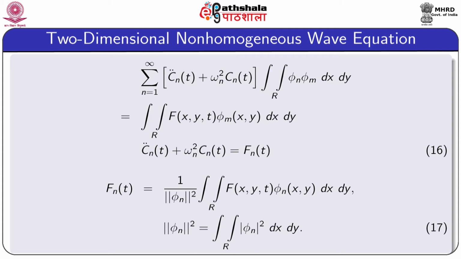So, using that orthogonality property, the above equation can be written as Cn double dot plus omega n square Cn is equal to Fn, where capital Fn is the double integration of capital F phi n(x, y) dx dy divided by norm of phi n square, where norm of phi n square is the double integration over R of mod of phi n square dx dy.